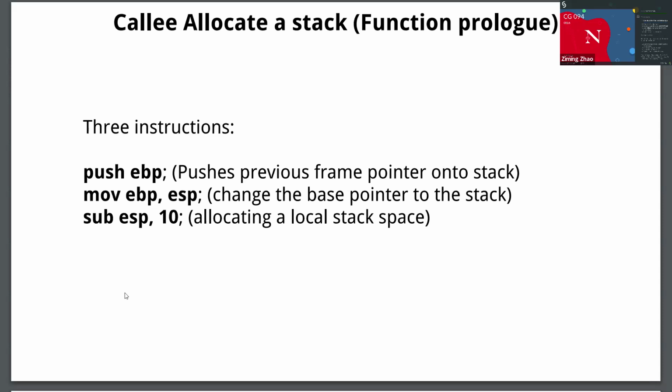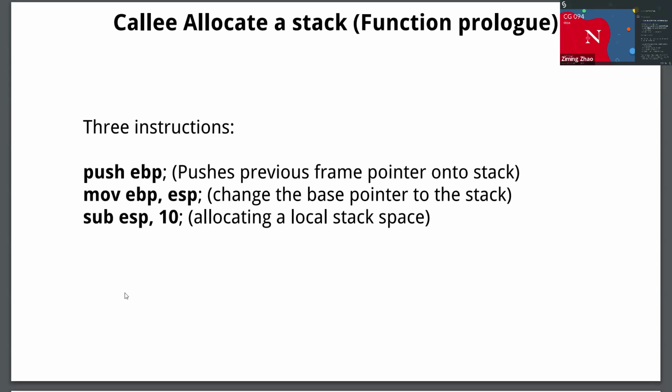And this function is going to use the register EBP, which already has some meaningful value. So you need to save it somewhere, right? The way we save it is we just push it onto the stack. That's why we have the first instruction, push EBP.